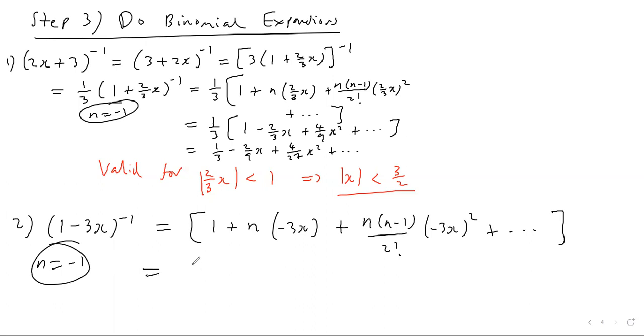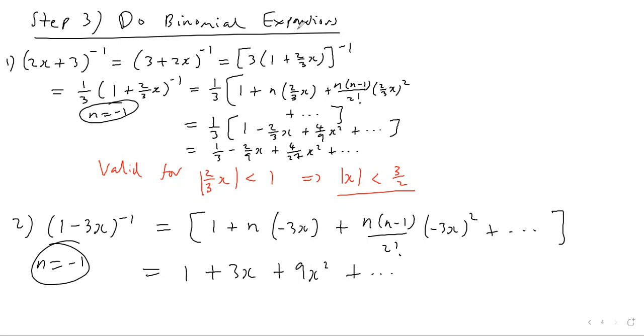So we get 1, and then minus 1 times minus 3 is a positive 3. So 1 plus 3x, and then minus 1 times minus 2 divided by 2 factorial is just the number 1, times minus 3x all squared, so plus 9x squared. And then plus the rest of our values after that.